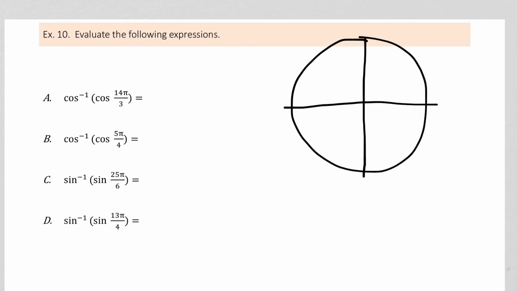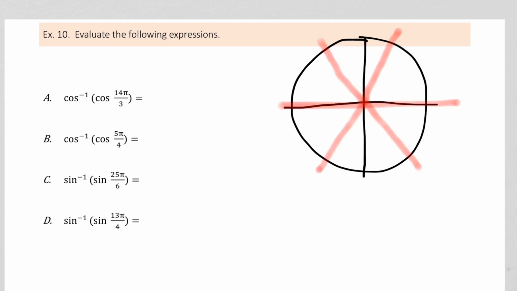So we're going to do one more example here. So this first problem says find the inverse cosine of the cosine of 14 pi over 3. So first let's find the cosine of 14 pi over 3. So here's my unit circle over here. So let's draw our third line so we can count 14 pi over 3.